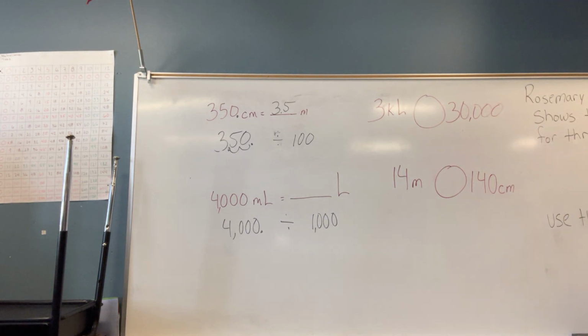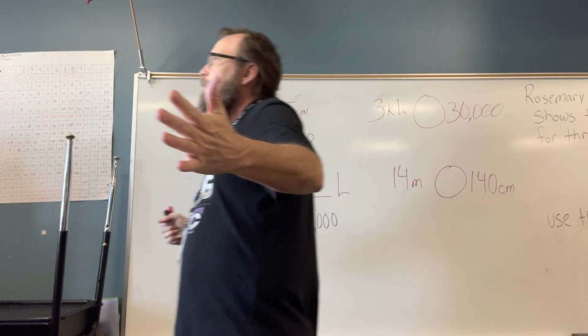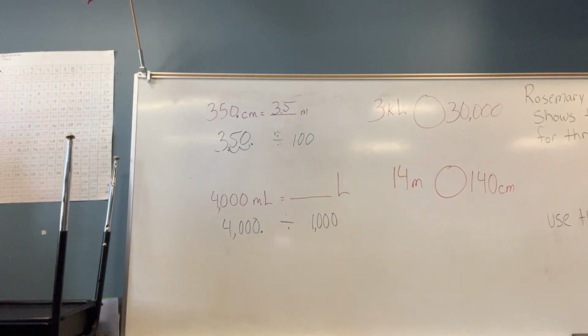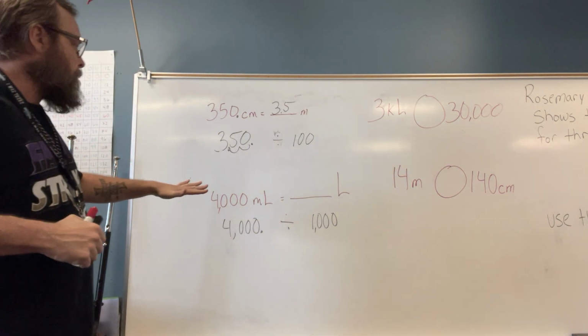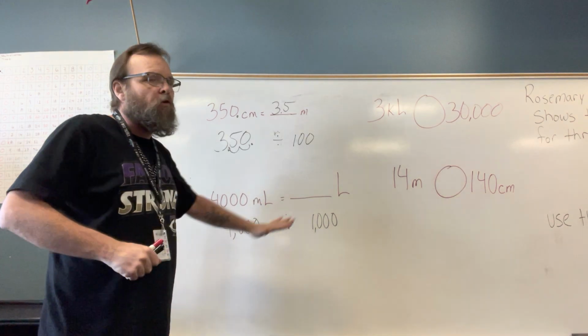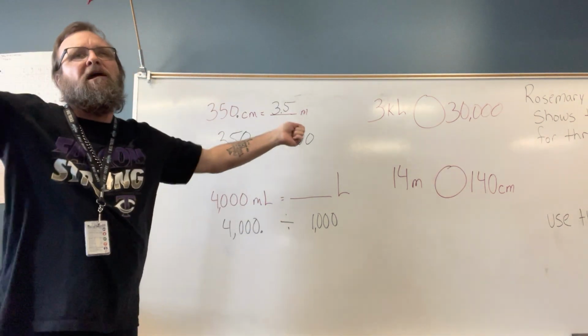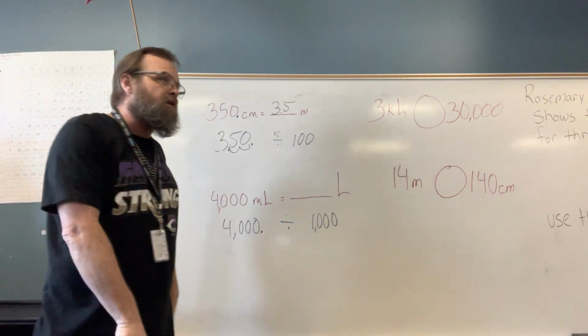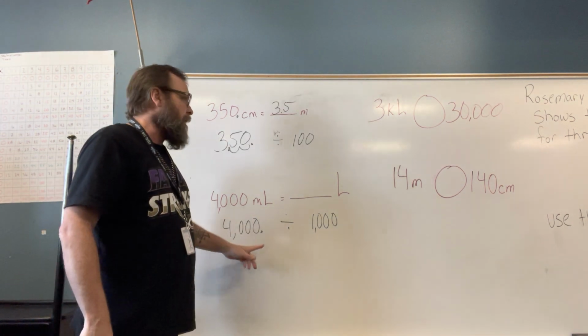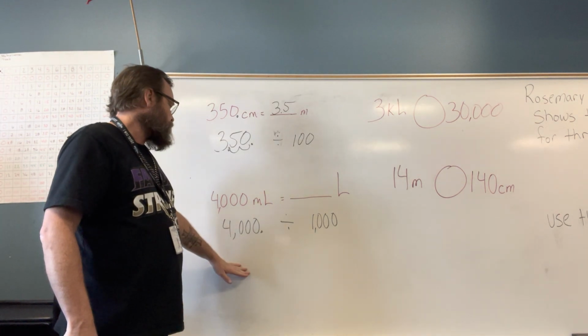So now I have the number 4,000, Aiden. I'm dividing, so I have to make that number smaller. I'm not changing any of the digits, I'm just moving my decimal point. When we're doing metric, we're just moving the decimal point. So Aiden, am I moving it left or right?